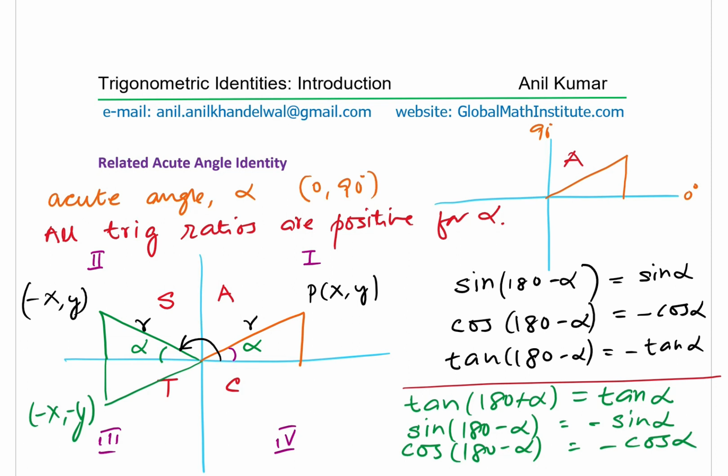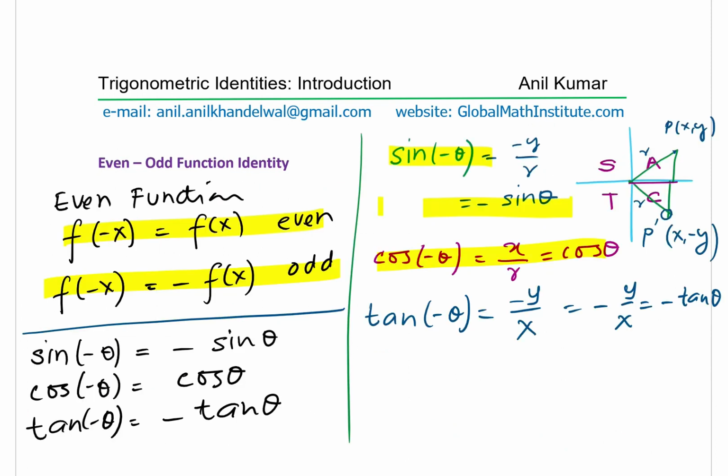We learned about even and odd, which could also be treated as the angle in the fourth quadrant. Correct. So even and odd, as we saw for the related acute angle, you could also see in terms of the acute angle. This is my triangle, and the reflected triangle here in quadrant 4 will be like this.